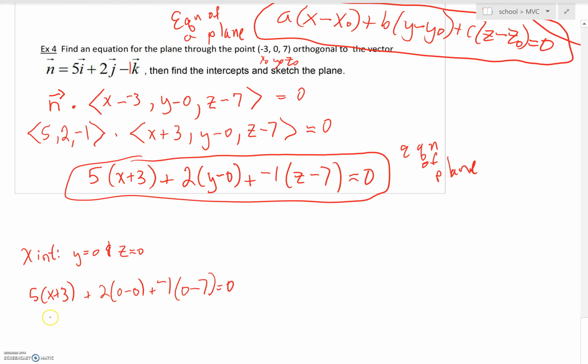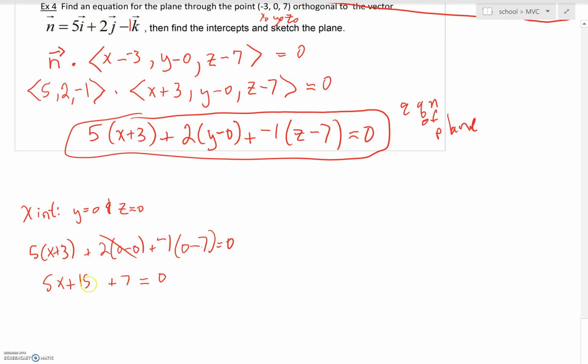And we'll solve this real quickly. This is 5x plus 15. This is gone. This is a negative 7 times a negative 1, that's going to be a plus 7. 15 plus 7 is 22. I can subtract that. And guys, we've got an x-intercept right here.